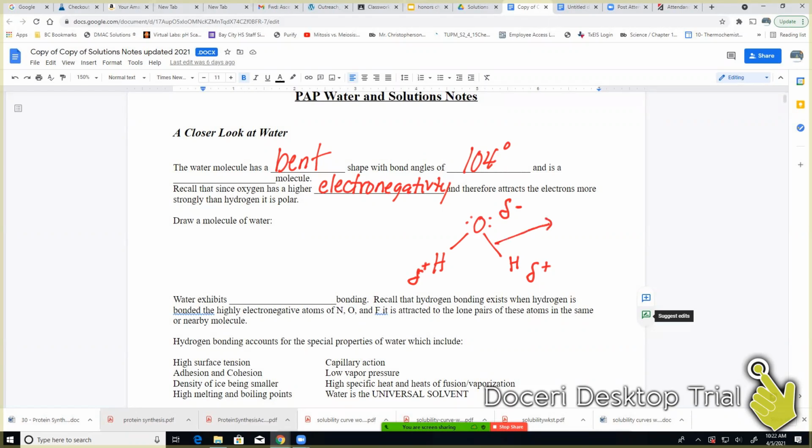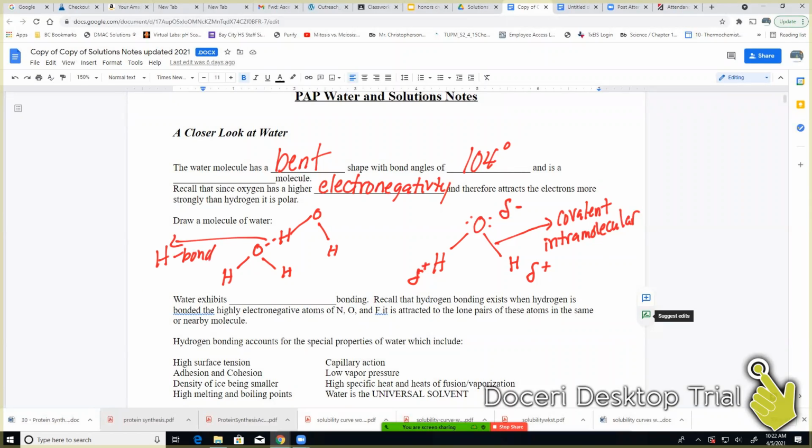The bond that holds the hydrogen and oxygens together is a covalent bond. So that's your intramolecular bond. And then if I have a water molecule being held to another water molecule, that is your hydrogen bond.